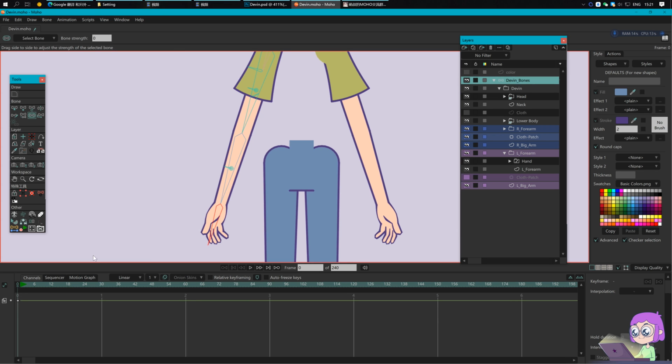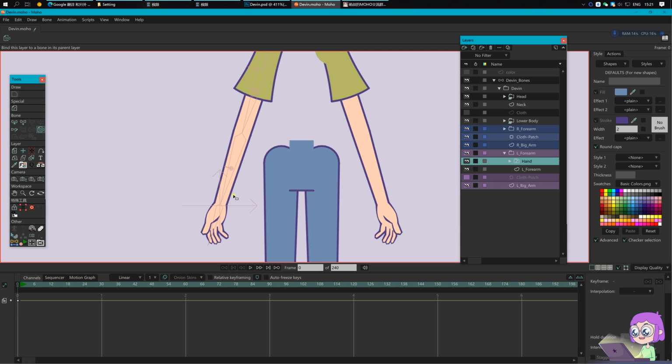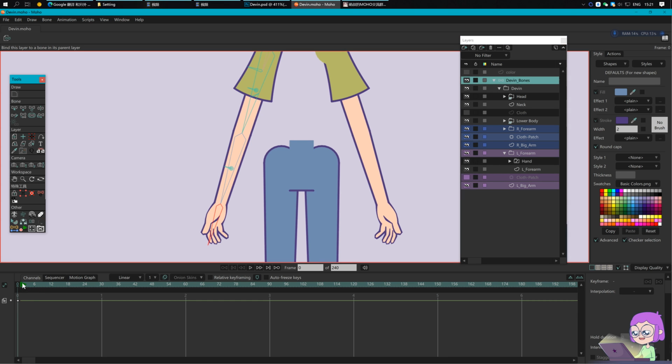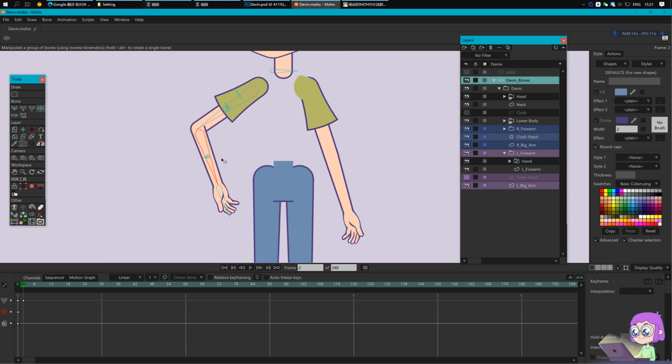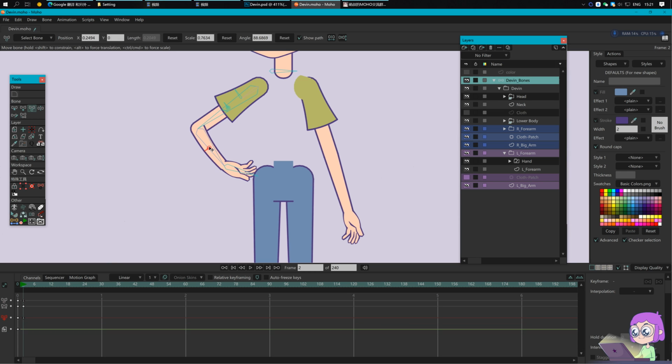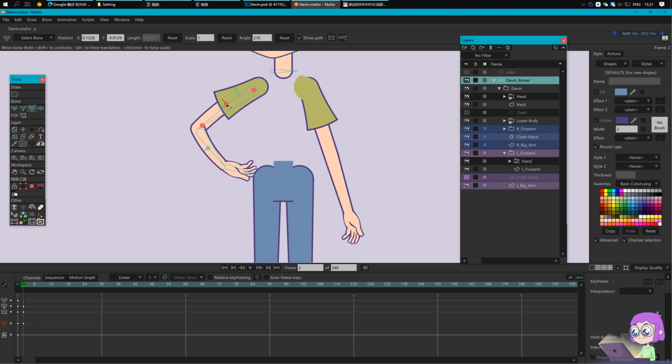Then set a bone of the hand. Now it looks very good.